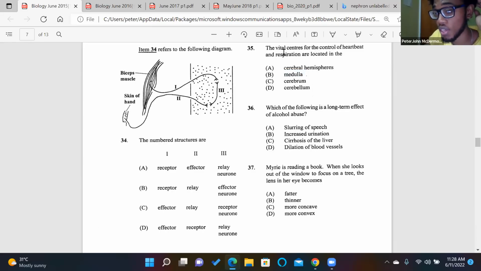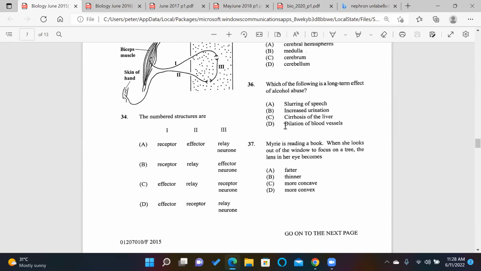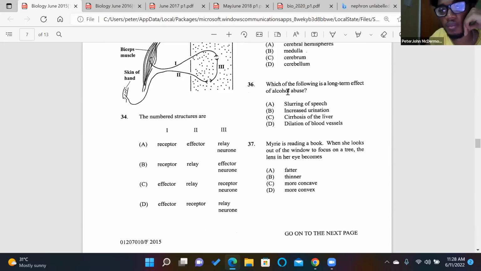You guys know your brain and stuff, right? Yes. Yeah, good. So let's look at this. Which defines a long-term effect of alcohol abuse? Slurring of speech, increased urination, cirrhosis of the liver, dilation of blood vessels.